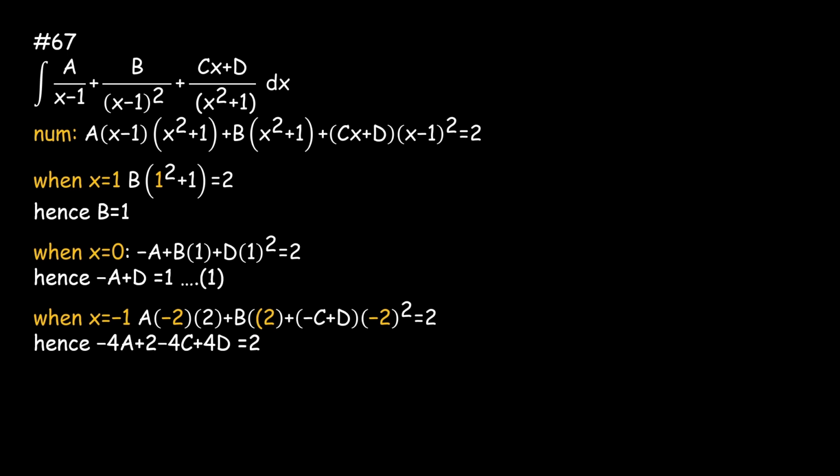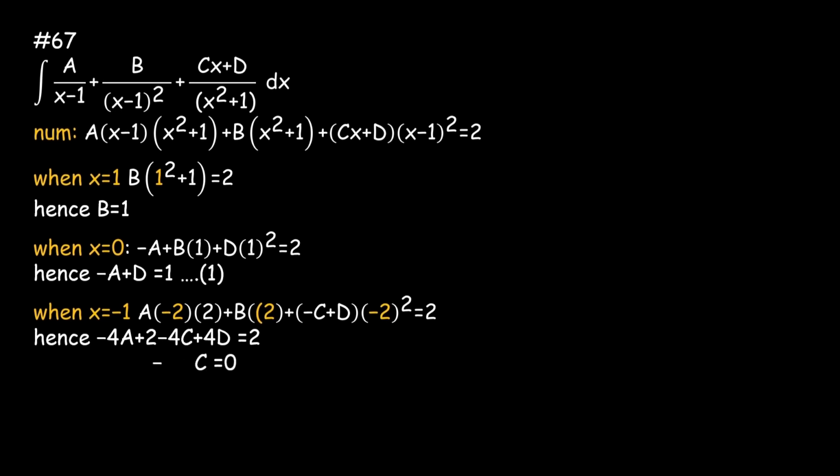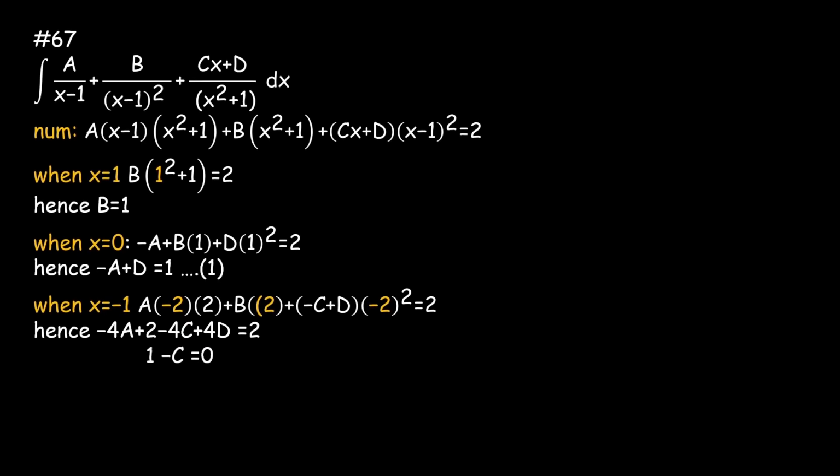And we should have negative a plus d minus c equal to 0. Now that we already know b, I substituted a value for b, and that's how I got to this final expression. Now we also know negative a plus d from equation 1, right? Which is 1. We would substitute the 1 in there, so that will be 1 minus c equal to 0, hence c would be 1.